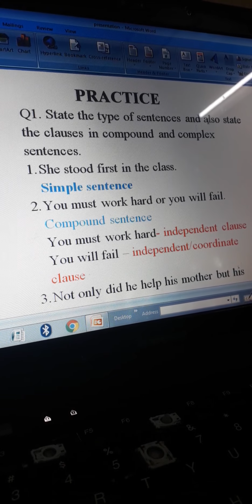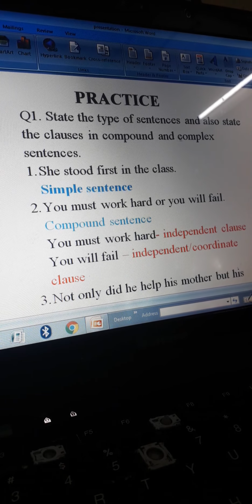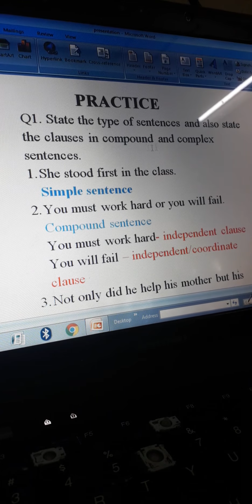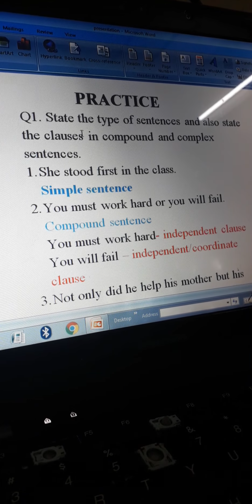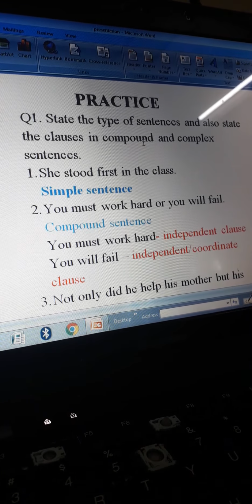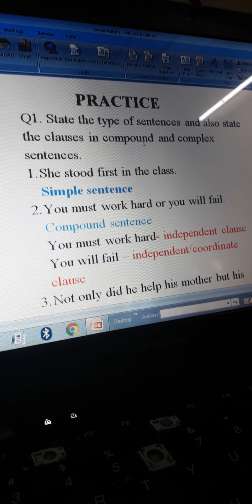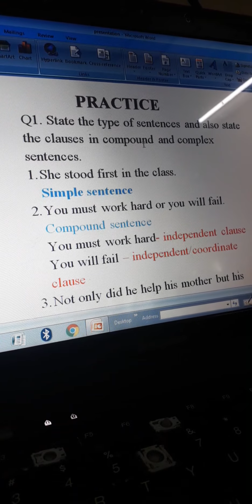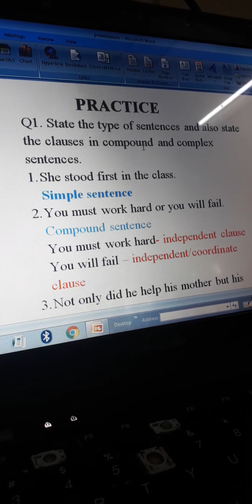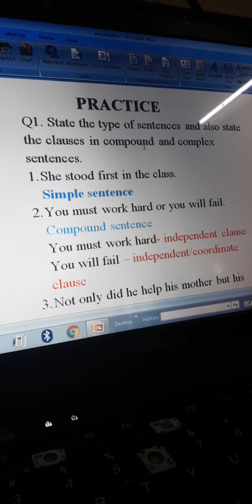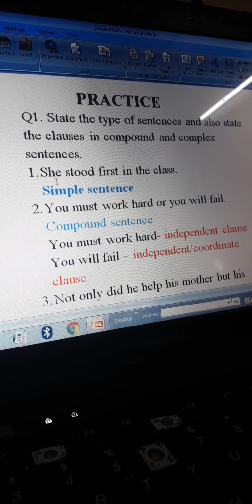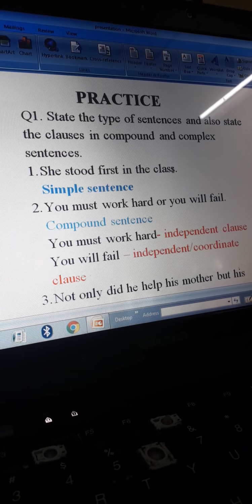Okay, and if it is a compound sentence or complex sentence, we have to identify the clauses also. A compound sentence consists of two independent clauses. Okay, and in a complex sentence we have one dependent clause and one principal clause. Okay, so let's start.